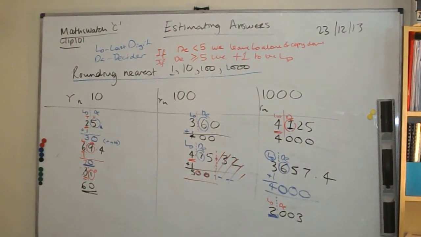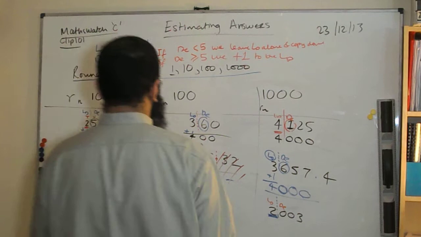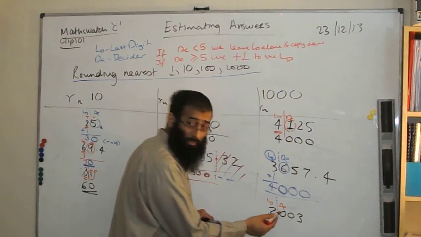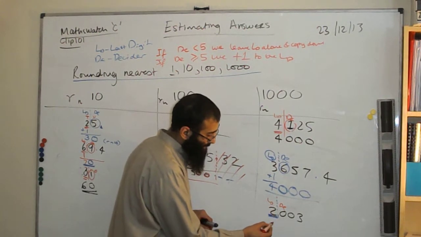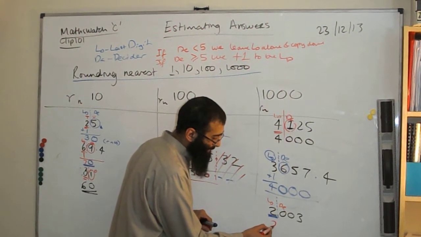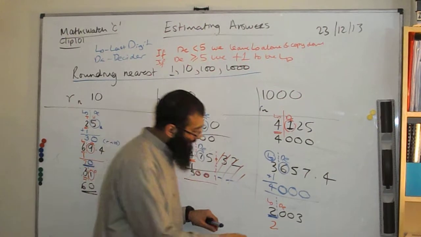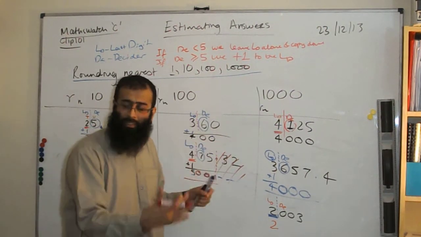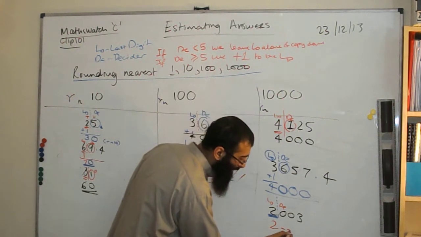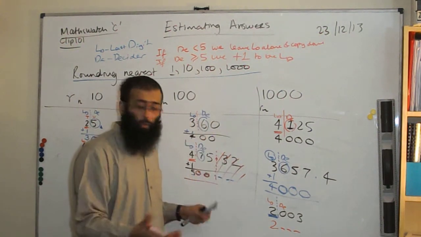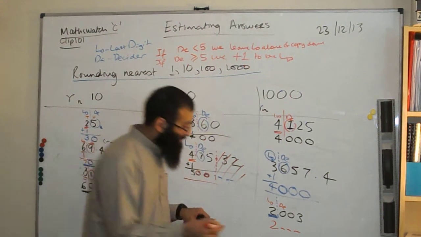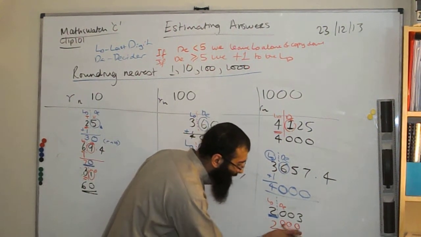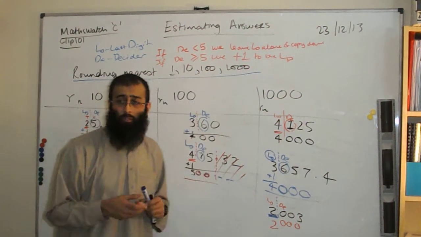So, Hassan, the decider is? Less than 5. Okay, so we leave that, we copy down the 2. Now, Layla, I've copied down the 2. The last digit should be the last digit. There shouldn't really be any digits after, apart from the gaps that we have here. We have 3 gaps. So what do we do with the gaps? Put zeros in there. So 1, 2, 3, fill up to the decimal point, and there you go, finished. So the answer is 2,000.